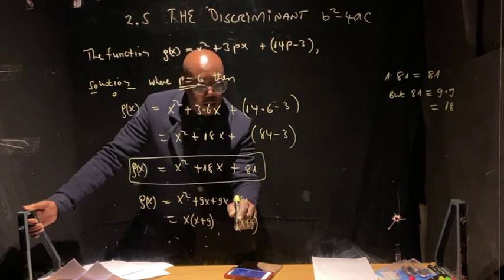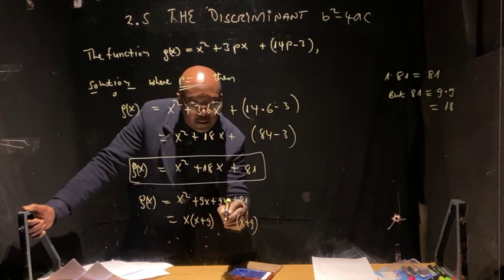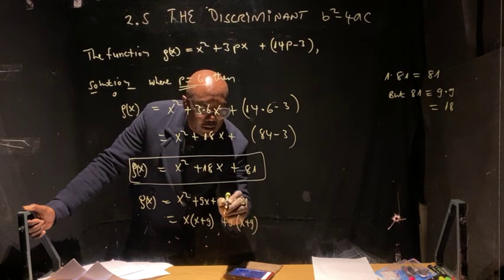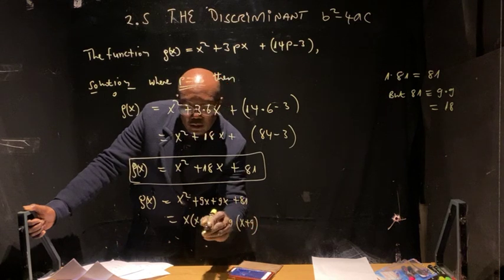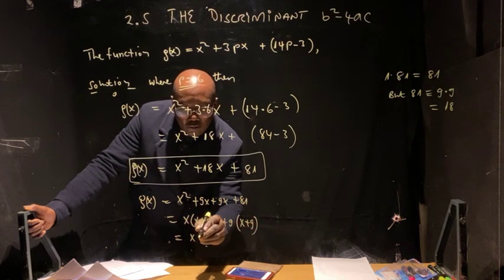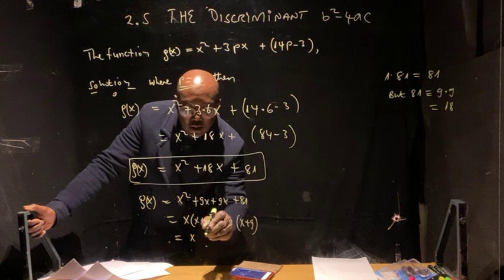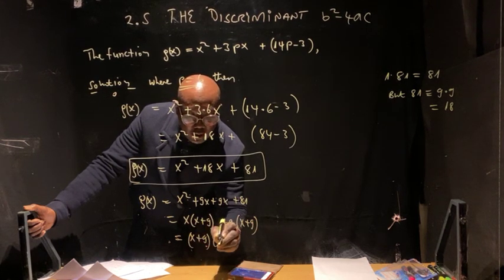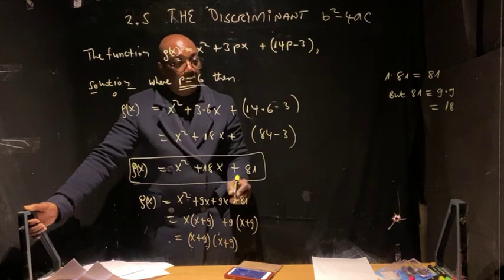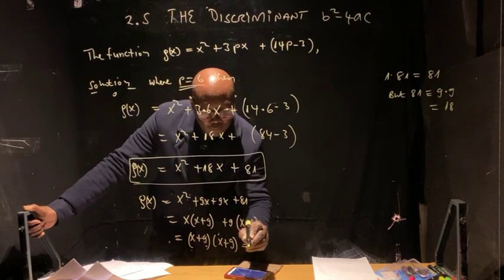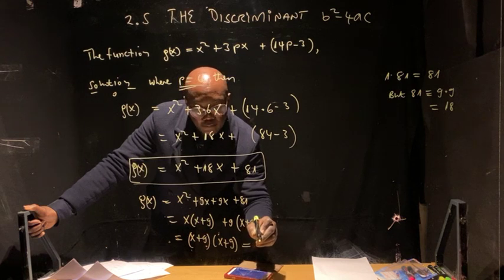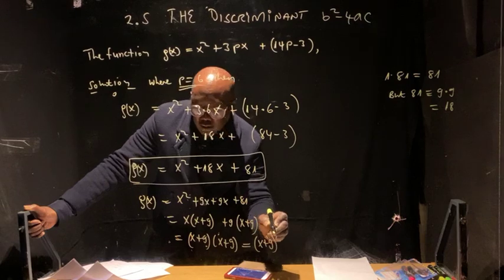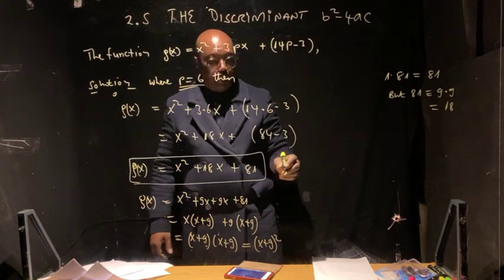If we multiply 9 by x, we get 9x, and 9 multiplied by 9 is 81. Then we factorize the common factor outside. We have x plus 9, x plus 9, which is not different from x plus 9 squared.